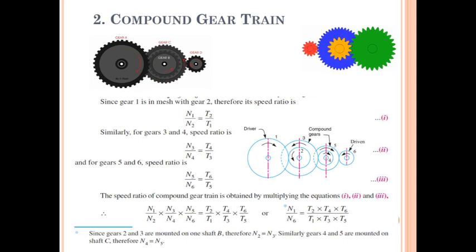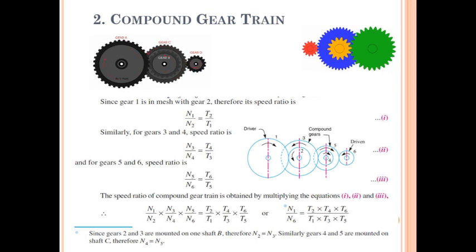I will repeat this sentence once again. Whenever the distance between the driver and driven, that is gear A and gear D, has to be bridged by intermediate gears, as well as if we require a large amount of speed ratio, then the advantage of intermediate gear is intensified by providing compound gears, isn't it?